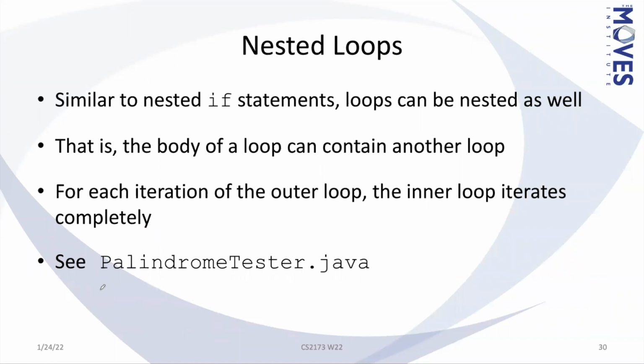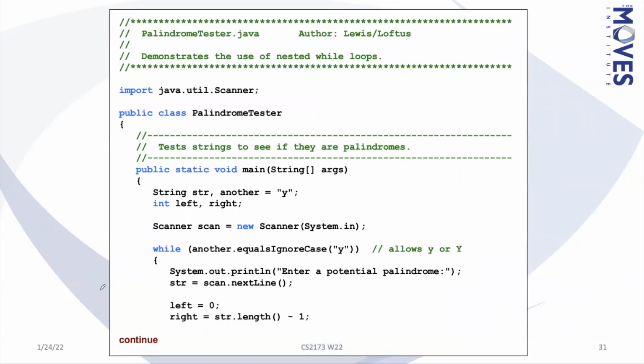Okay, so nested loops. This is actually a very cute little one. I put that out just because it's kind of fun. Now notice that we're using kind of a sentinel, which in a way is not something you'd want to be testing.